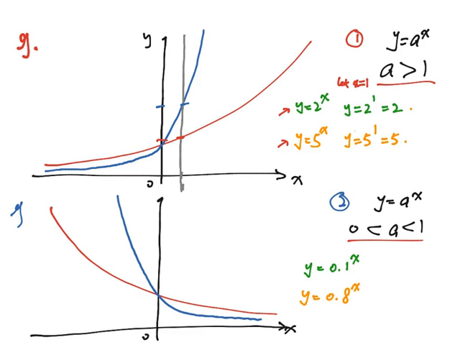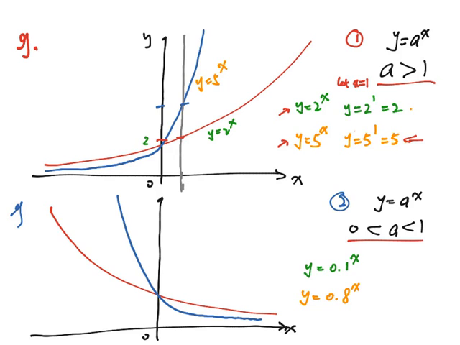So that means the bigger one has the bigger number. So the blue one belongs to y equal to 5 power x. And the green one is the red equation.